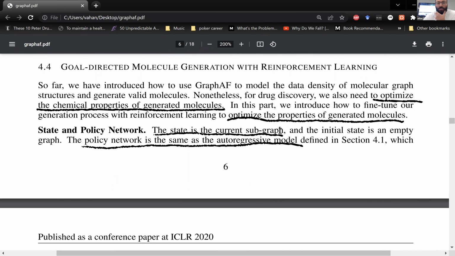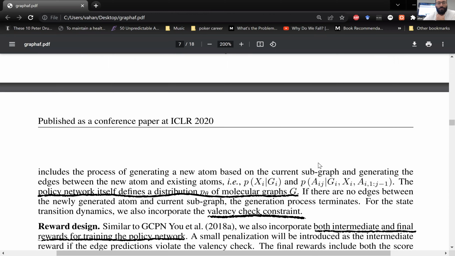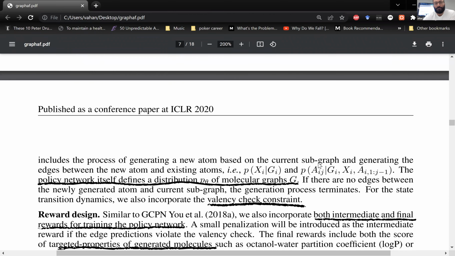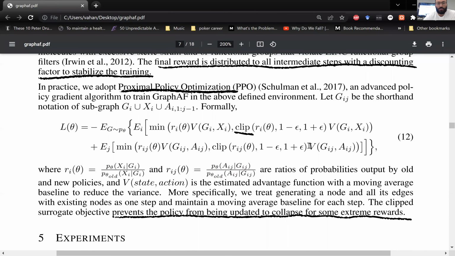So the state is the current subgraph, and the action, the policy network, is the same as the autoregressive model, which decides how to generate nodes. And the state is given by the current graph. And then you can define the loss function based on that using the usual formula.